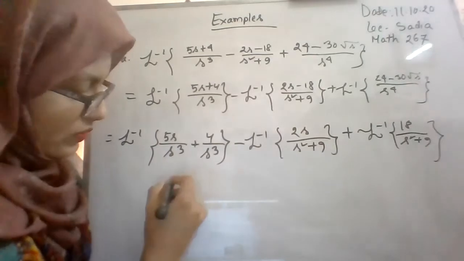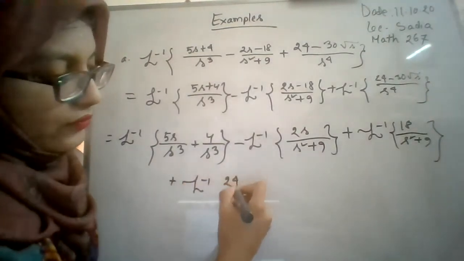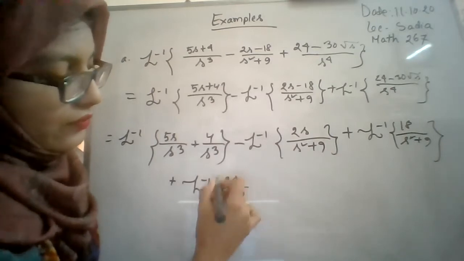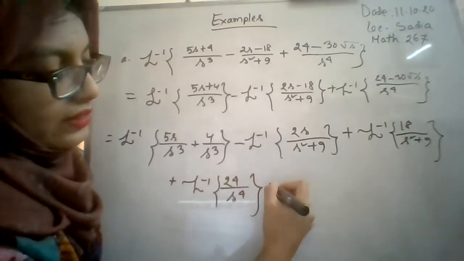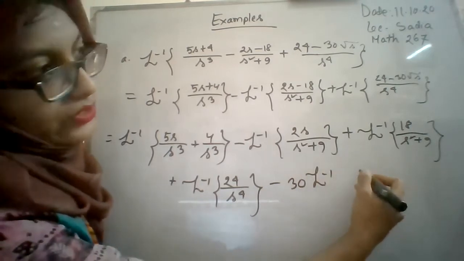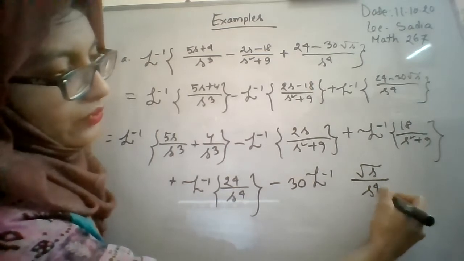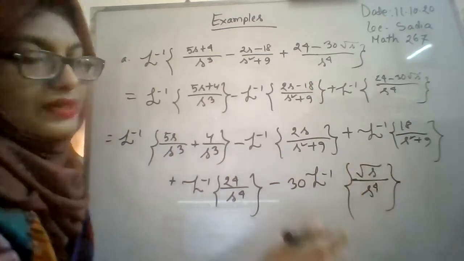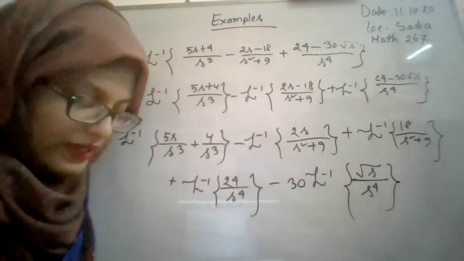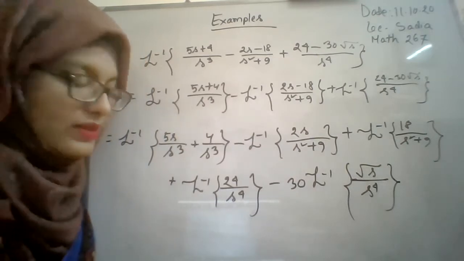For the last term, it will be inverse Laplace transformation of 24 by s to the power 4, and 30 inverse Laplace transformation of square root of s by s to the power 4. Okay. So now we will use the direct formula which we have learned in a table for inverse Laplace transformation.